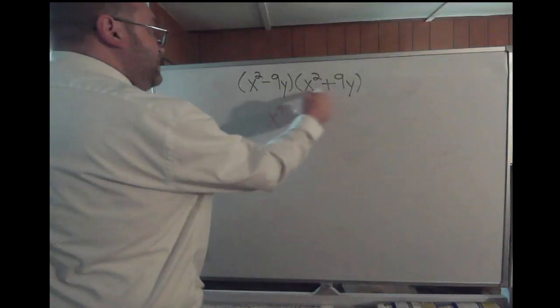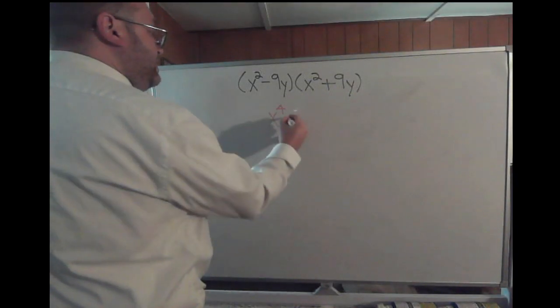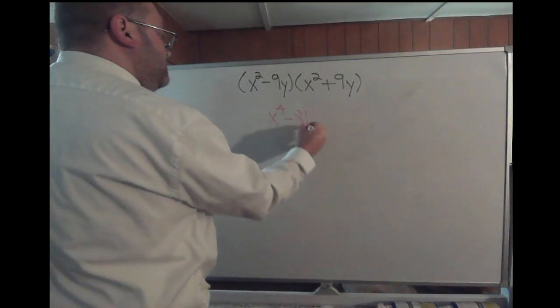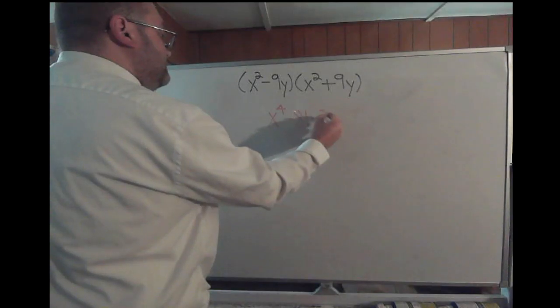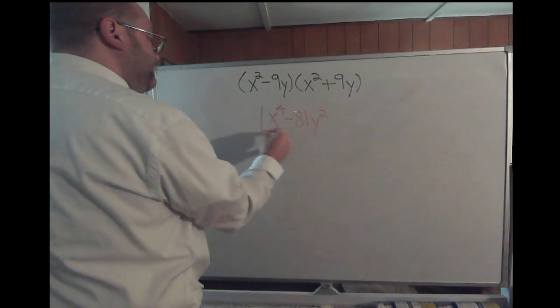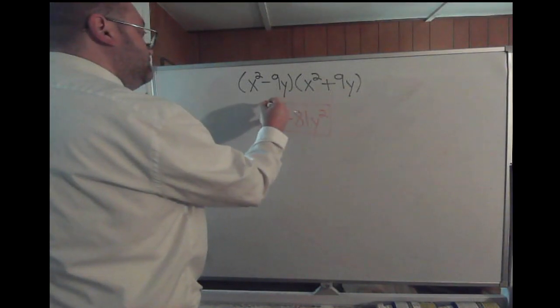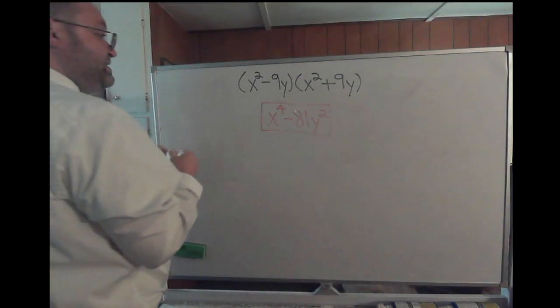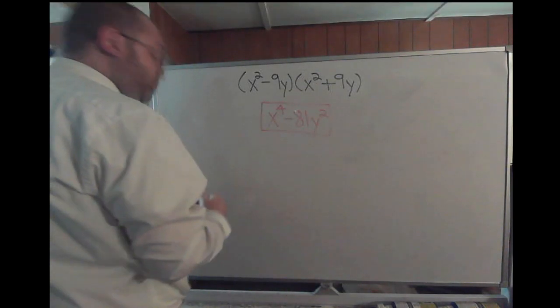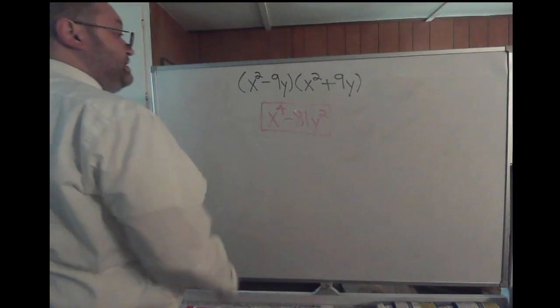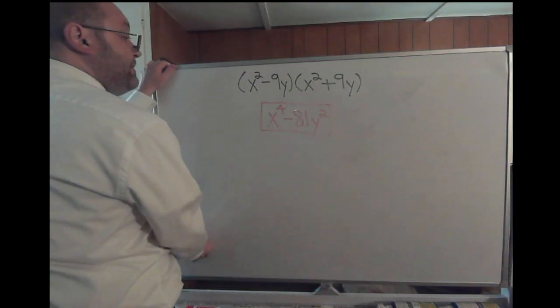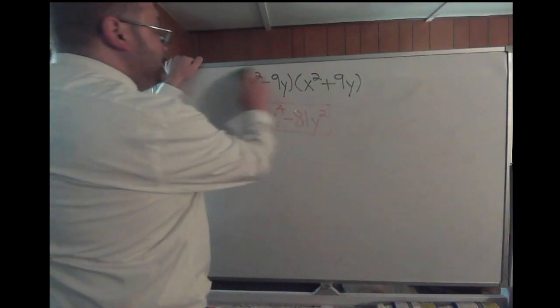Now we got negative 9y times positive 9y, that gives you negative 81y to the second. So you should get x to the fourth minus 81y to the second. So see, that's going to save you a lot of grief.